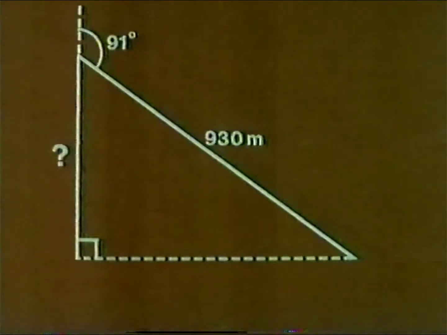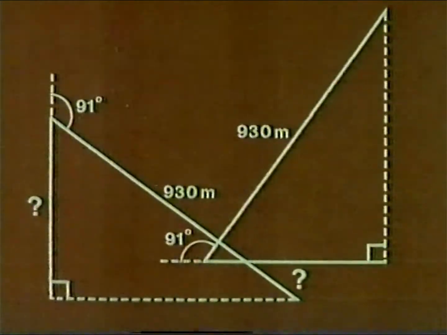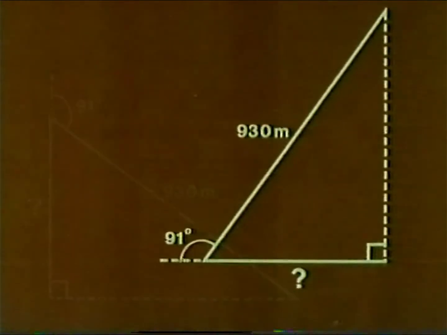To find the length of the vertical side of the triangle, we make a copy of the triangle and calculate the angle next to the 91 degree angle by subtracting from 180.